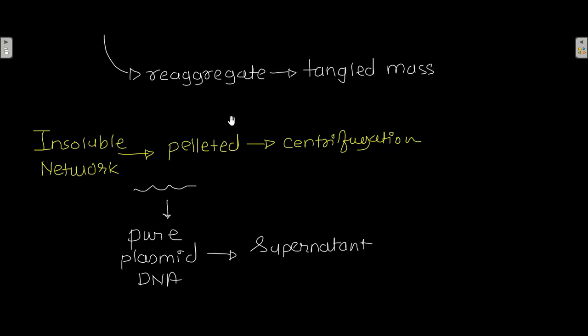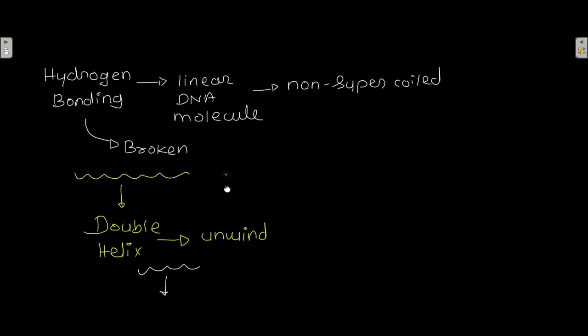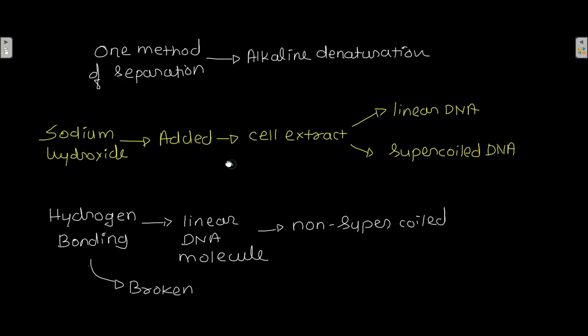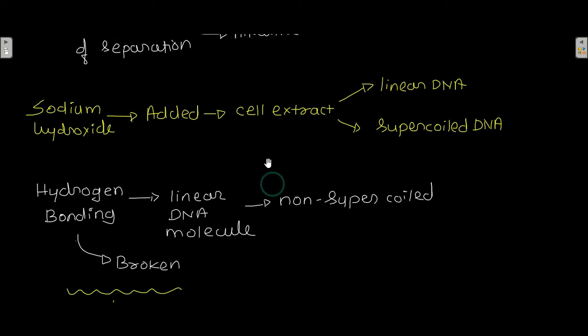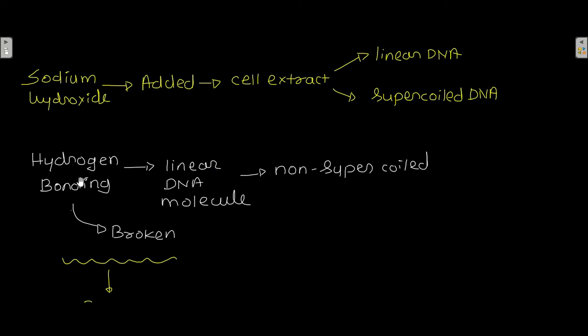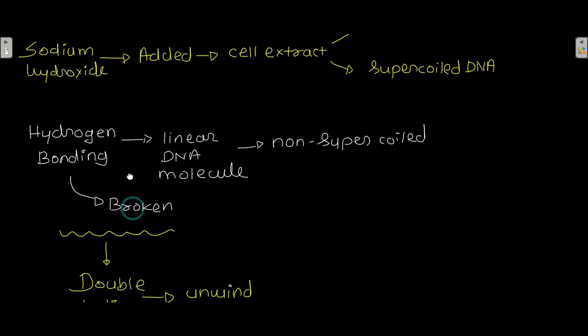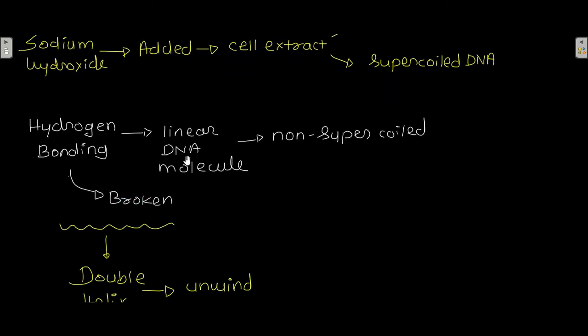Let's go again. Your cell extract has linear DNA and your supercoiled plasmid DNA. You add sodium hydroxide to it. This sodium hydroxide breaks the hydrogen bonds of the bacterial DNA molecule, which is linear and non-supercoiled.